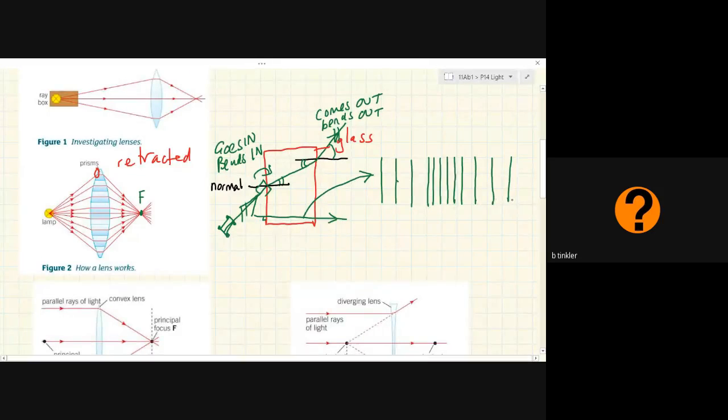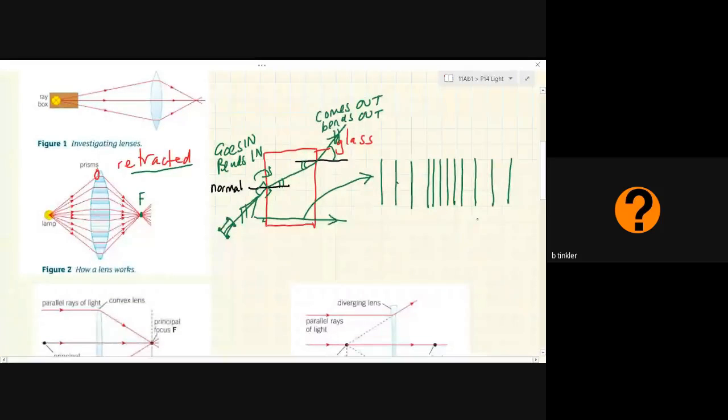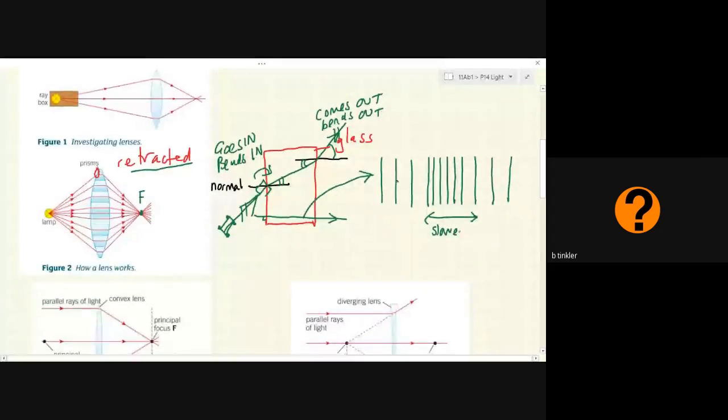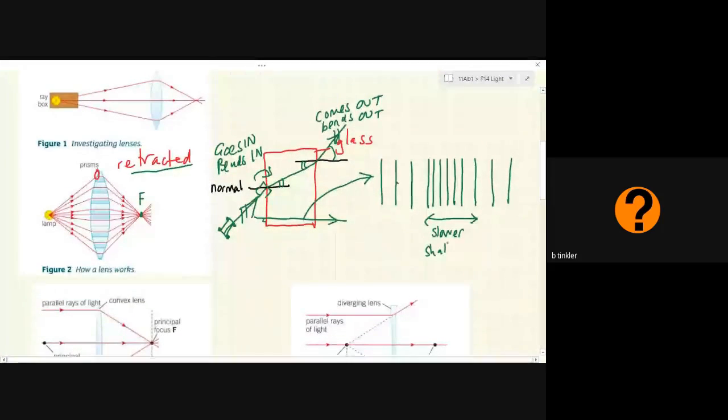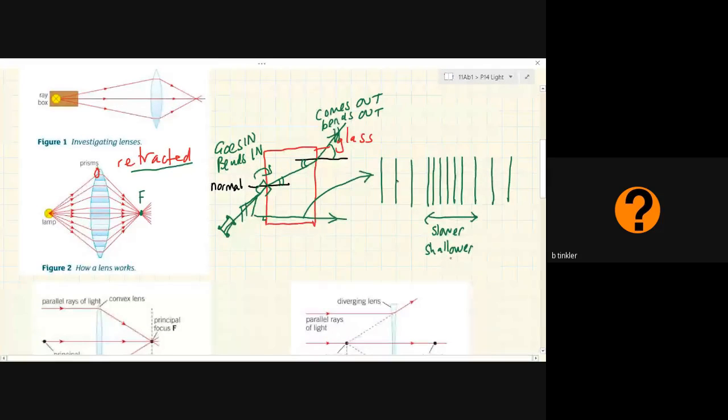When they go out again, they get further apart in deeper water. So refraction is caused by a change in speed. The change in speed can alter the wavelength. And if this was in water, water waves are slower in shallower water.